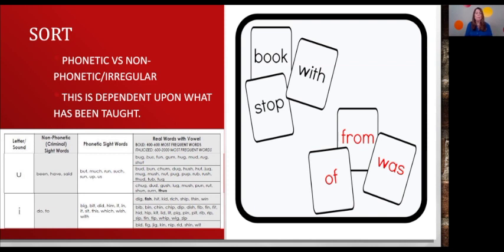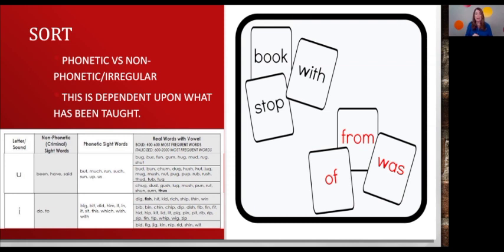So words being phonetic versus irregular just means that there is a rule that governs that word, so you can sound it out. You can figure it out without having to completely memorize it, right?